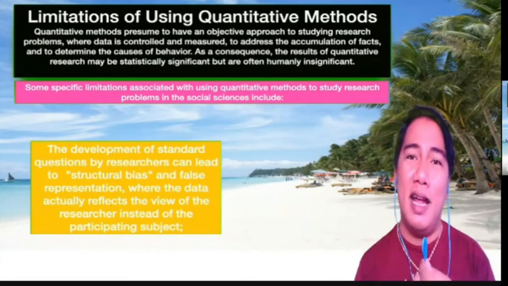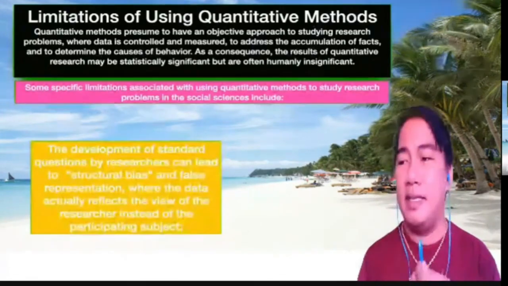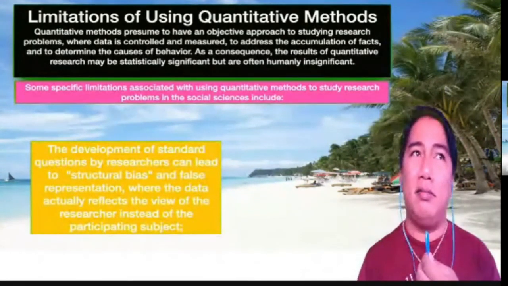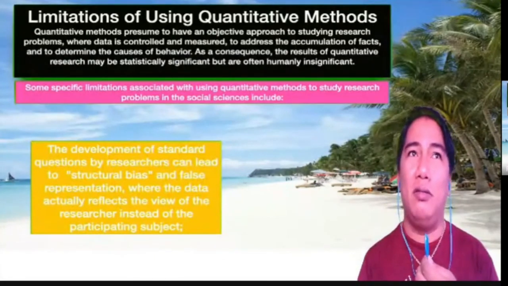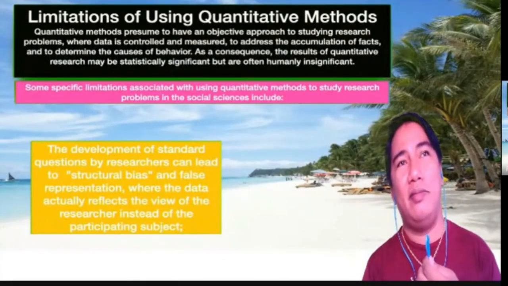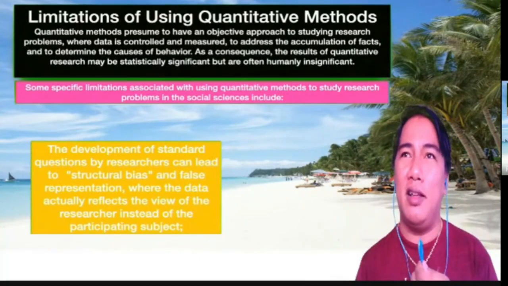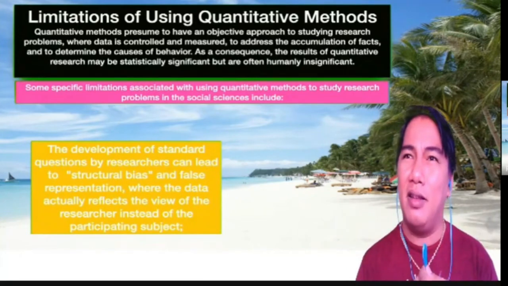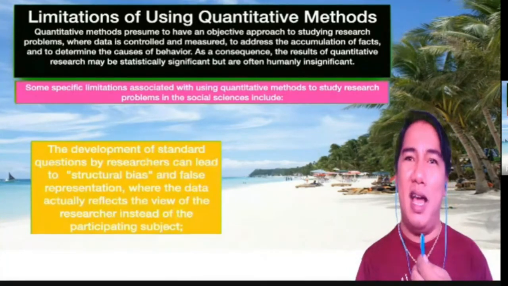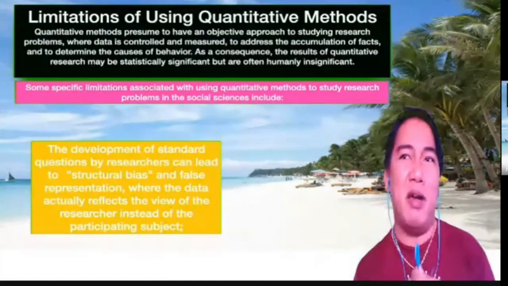Nagkakaroon ng structural bias. Or tinanong lang kung may mga tanong na yes or no, ang tawag na close-ended question na kung saan may other explanation ka pa with that.